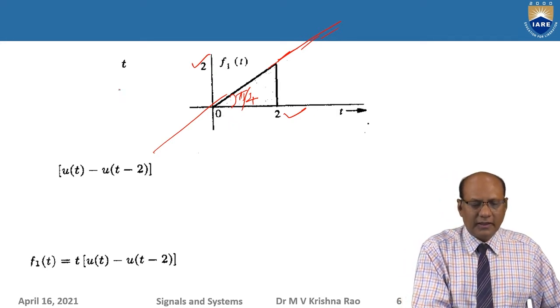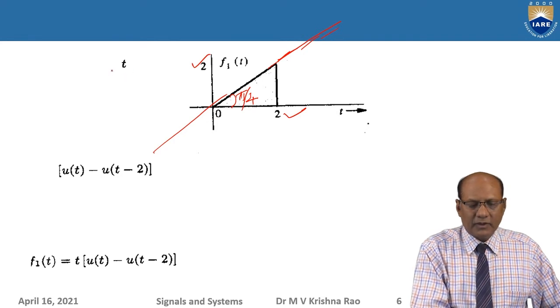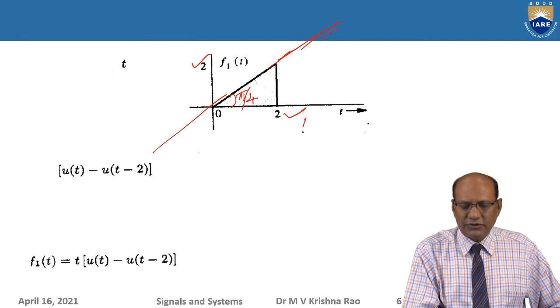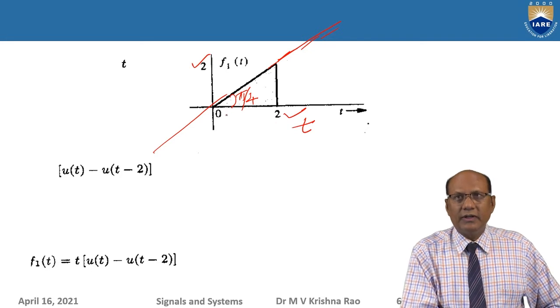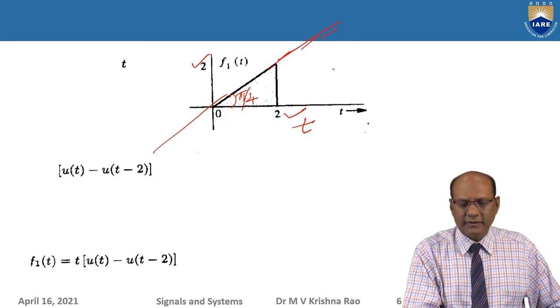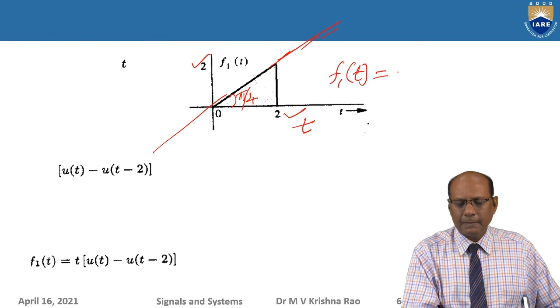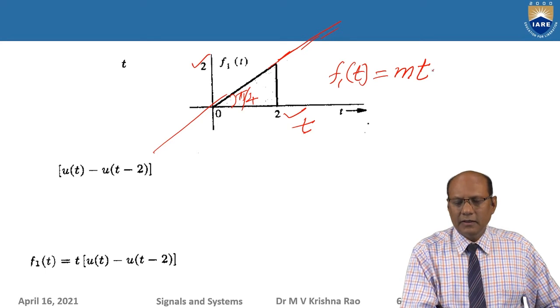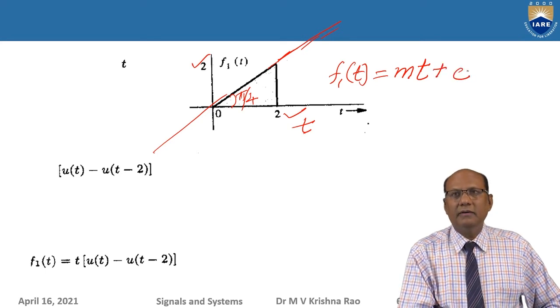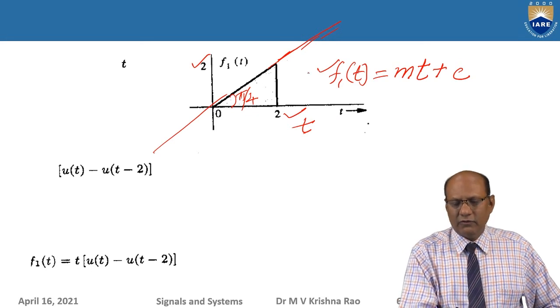I am writing it as, because the independent variable is t, slope m into t. So F1 of t equals m multiplied by t plus c, because F1 is on the y-axis.